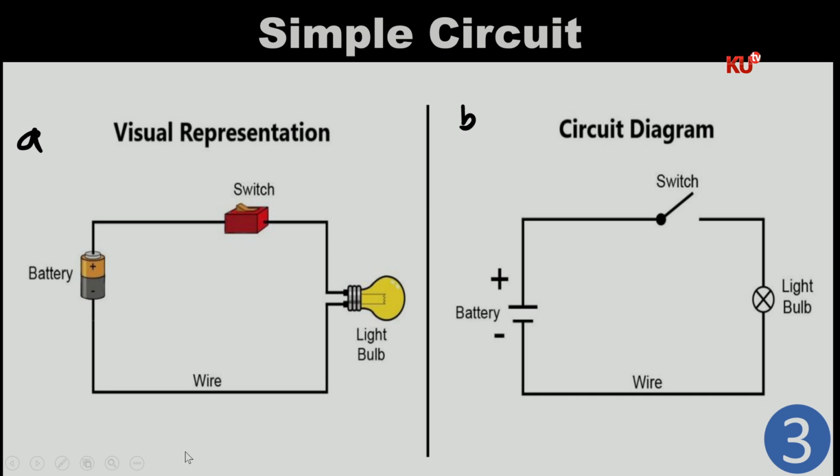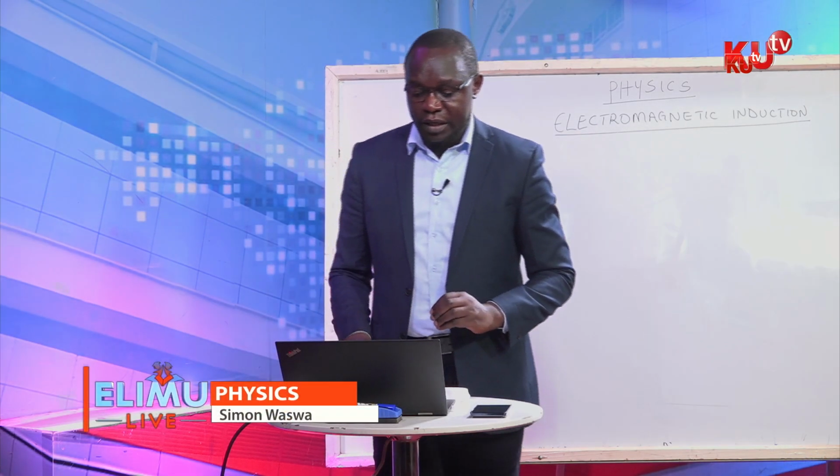And so, in this case, when one is asked to indicate the direction of flow of the charge or flow of electric current, the first thing one needs to do is to close the switch. Once the switch is closed, then current is made to flow. And the current flows as indicated here.